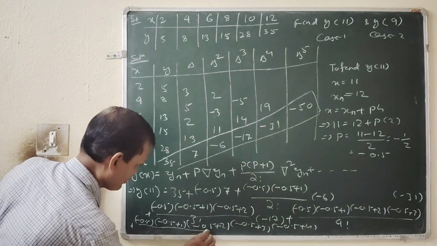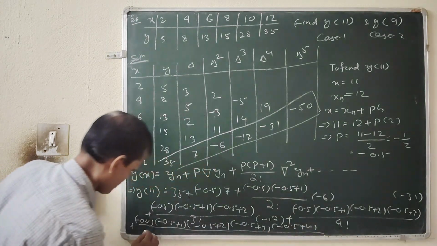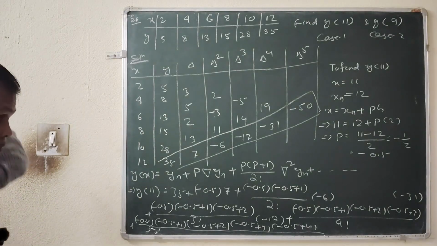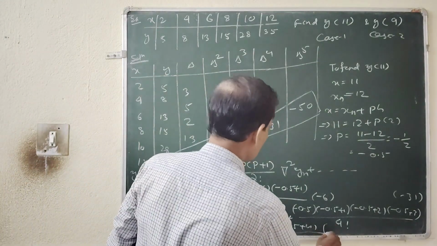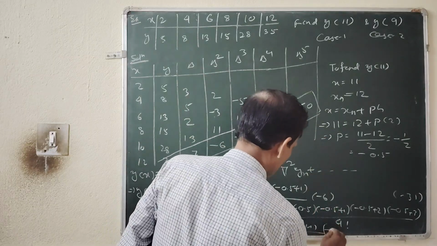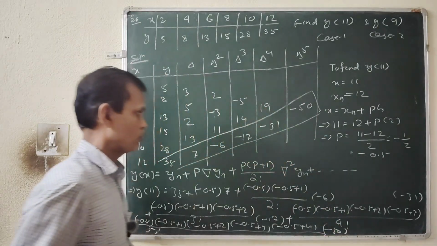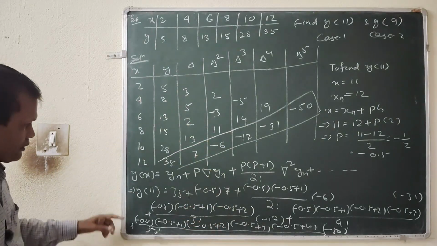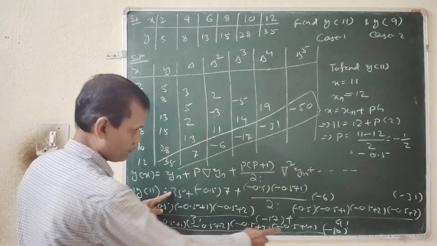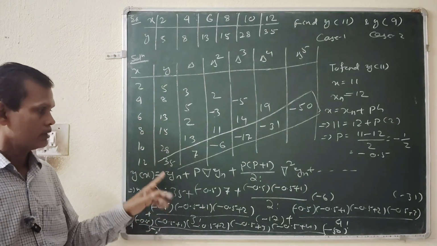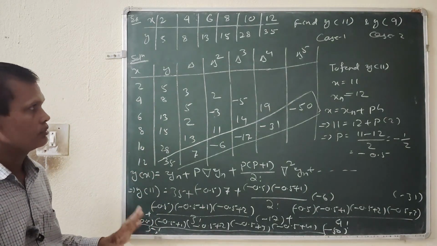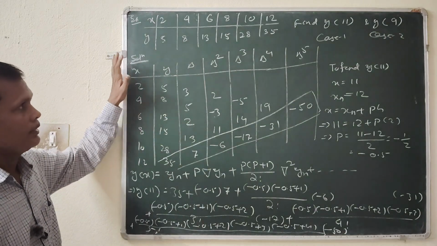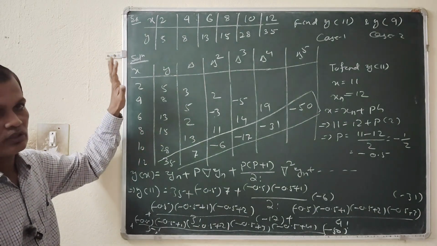Then divided by 5 factorial. Here you have to write the 5th order backward difference, that is minus 50. Okay. So we have put all the related values in the formula. Then you calculate all these values starting from this 35 to this last term using the numerical calculators, and you will get the results. So this is all about the numericals where we apply Newton's backward difference interpolation formula.